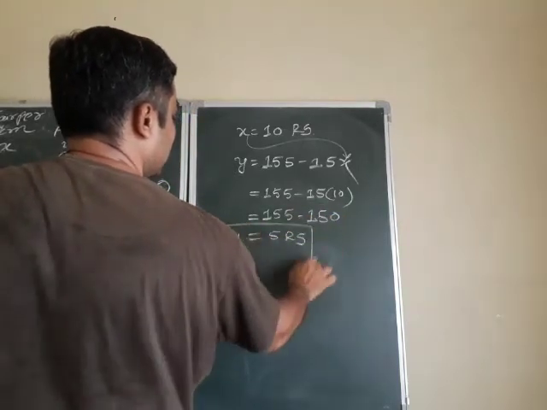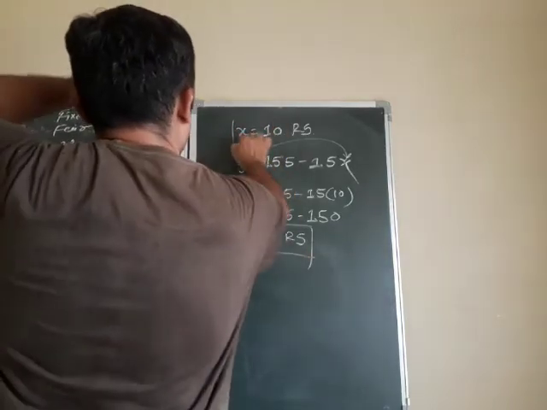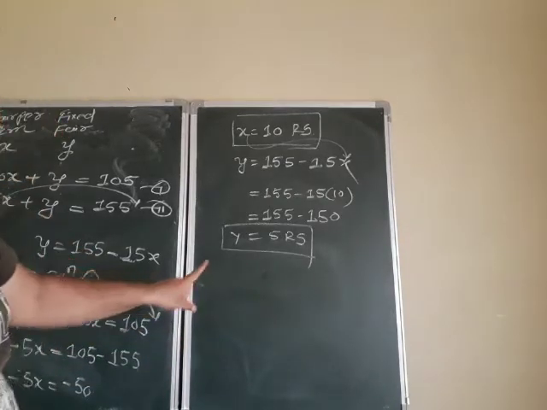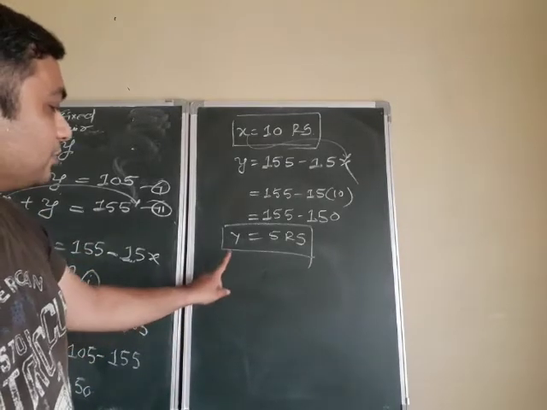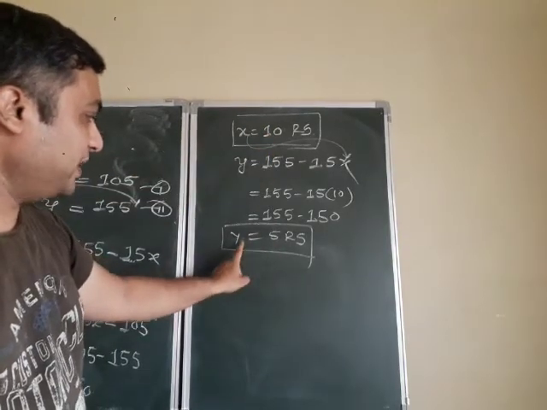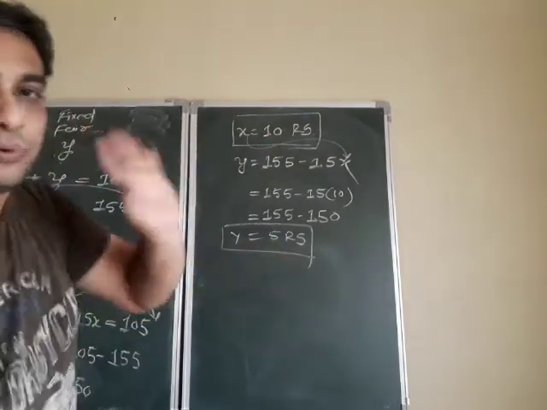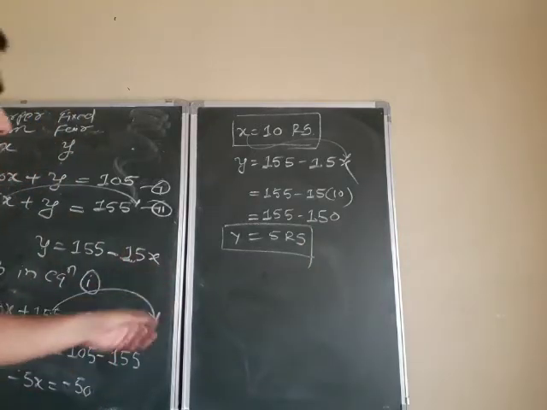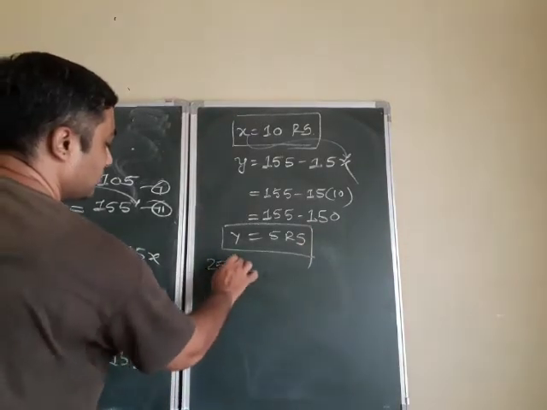It means the fixed charge is 5 rupees and the per kilometer charge is 10 rupees. So finally you write the statement: charge per kilometer is 10 rupees and fixed charge is rupees 5. Now what do you have to pay if you travel 25 kilometers?